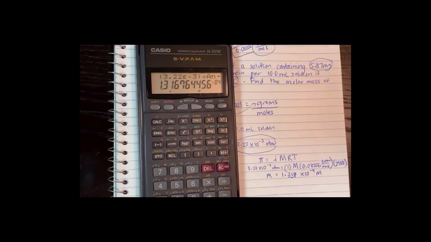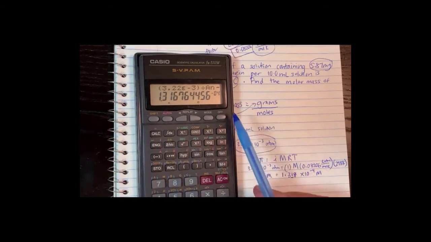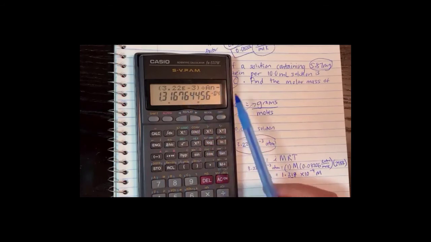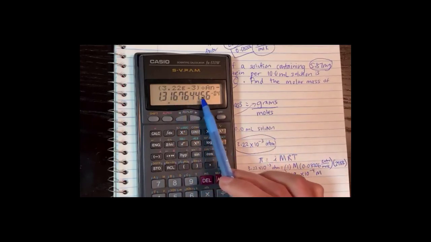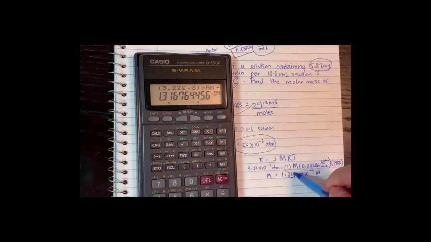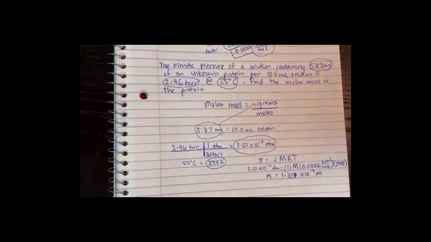Great. I like to do it straight on the calculator without rounding, especially in lab. That way you have less error, and you keep your sig figs at the end. Technically I could write 6, 7, 6, 4, 4, 5, 6, but I didn't bother writing all of it, so let me fix this with 7. Everyone good so far?